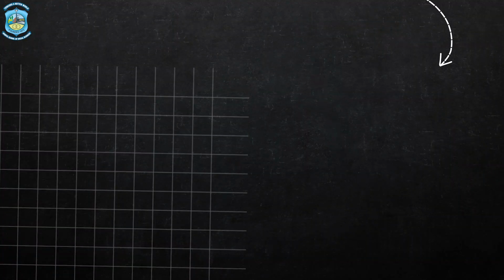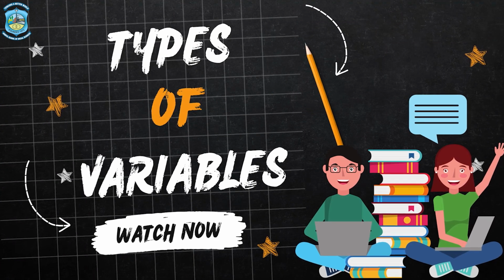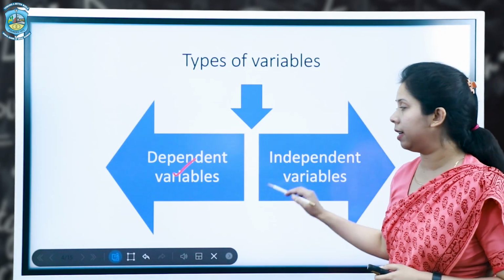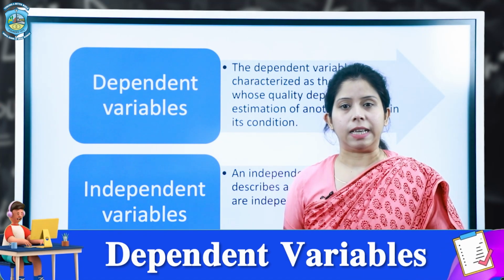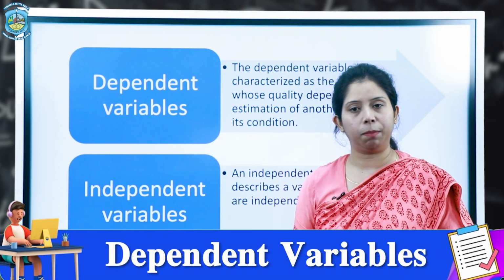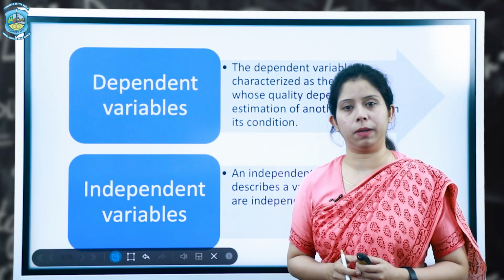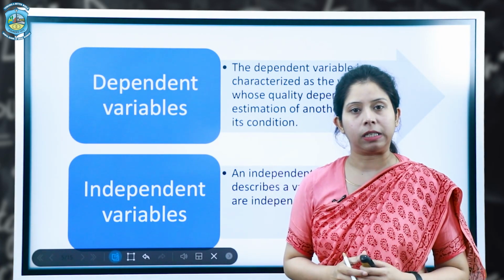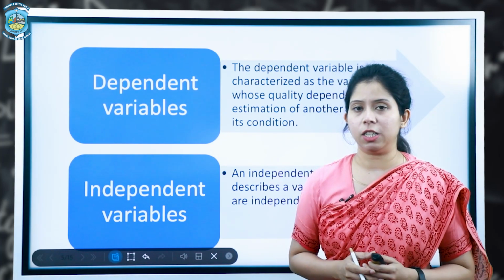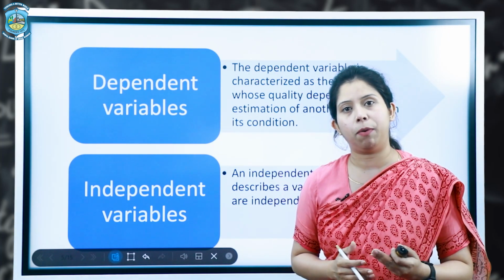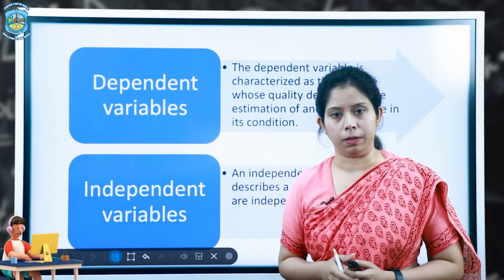There are two types of variables: the dependent variable and the independent variable. A dependent variable is one whose value depends upon the value of another variable.